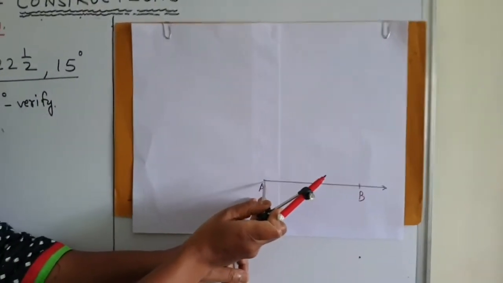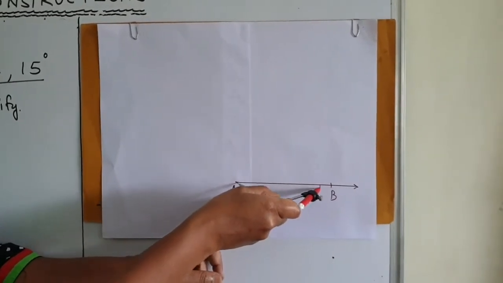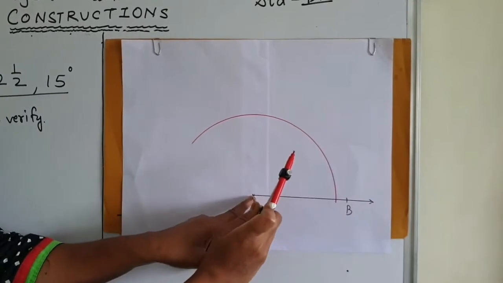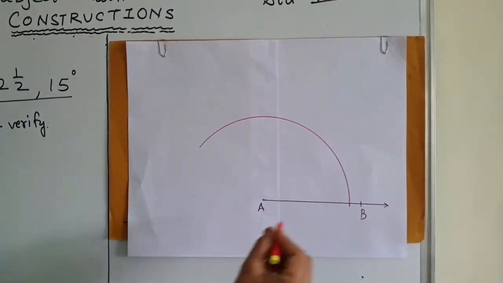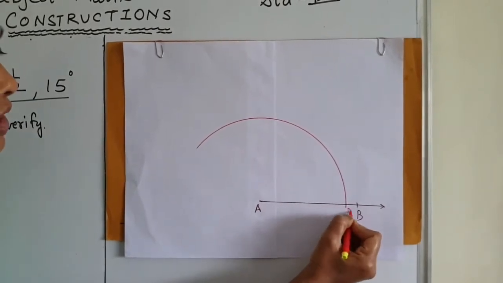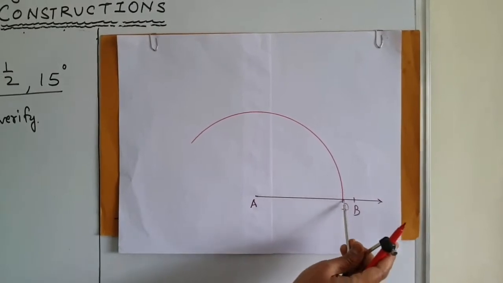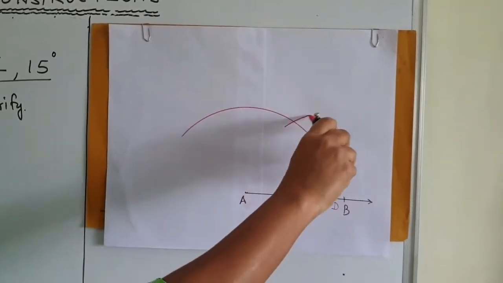You all know now that we have seen how to construct a 60 degree angle. So draw an arc with some radius and A as center, and we get D here. Now with the same radius AD and D as center, draw an arc intersecting the previously drawn arc.